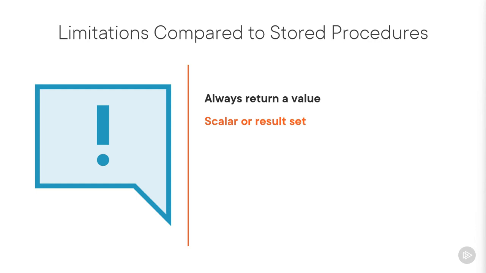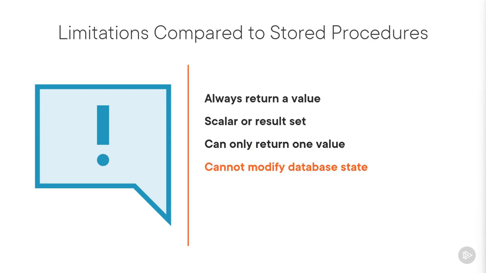And unlike stored procedures that can return several values, user-defined functions can only return one value. Also, unlike stored procedures, user-defined functions cannot be used to update tables or delete or insert rows. Error handling is also limited in user-defined functions. For example, user-defined functions do not support try-catch blocks and other error handling options that are available in stored procedures.